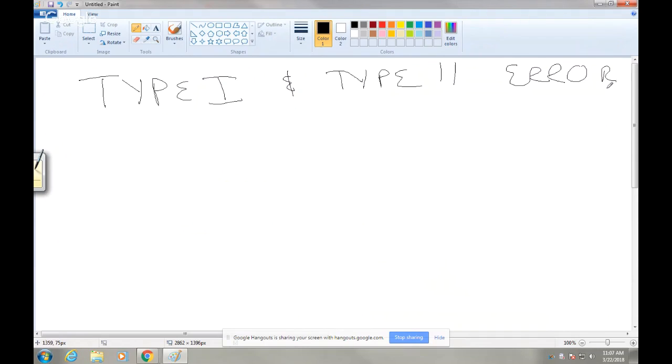Now, again, the thing to remember is that error means a slightly different thing in a stats class than it does elsewhere. Elsewhere we've used this term error, usually it means somebody screwed up.